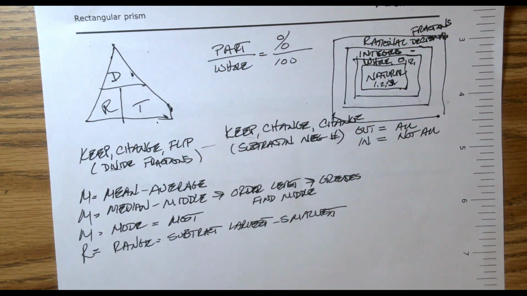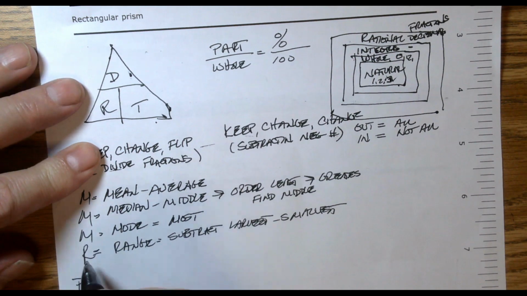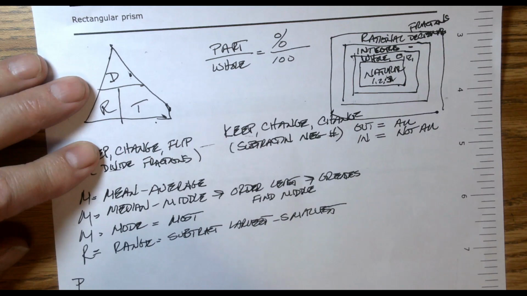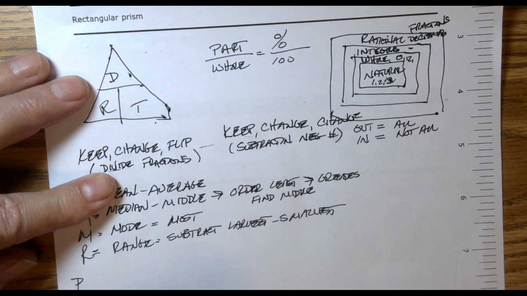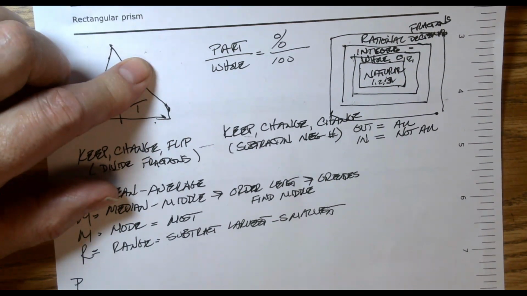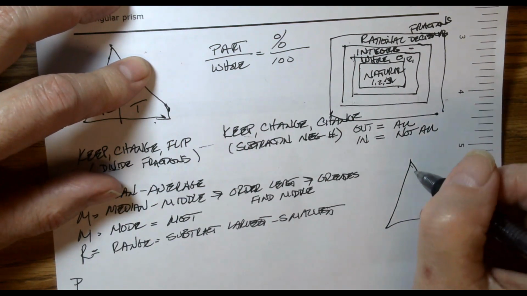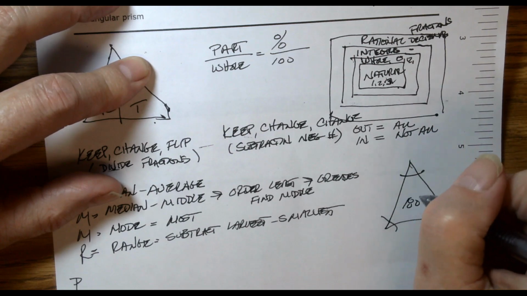Okay, so the other thing you need to remember is PEMDAS, right? Whenever you see a parentheses, I want you to think of PEMDAS. P-E-M-D-A-S, right? Parentheses, exponents, multiplication, division, addition, subtraction. And you always go from left to right. Okay, the other thing is, we're going to draw another triangle, right, is I want you to remember that the three angles of a triangle have to add up to 180 degrees.